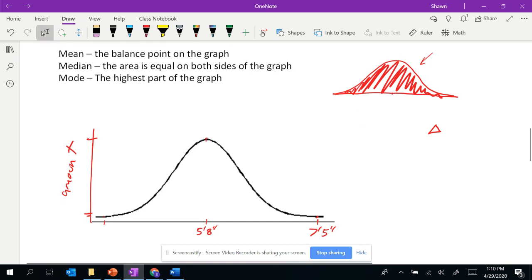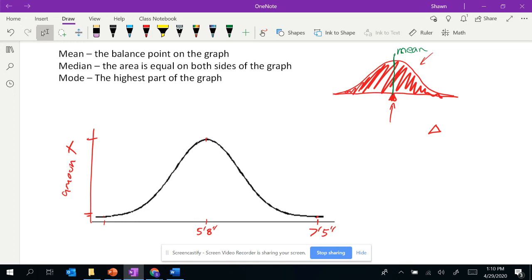Well, I think that's kind of obvious. We'd place it right here. If this object was balancing on this little fulcrum, it would balance at this location. So this location right here is called the mean, because it's the point at which it would balance.